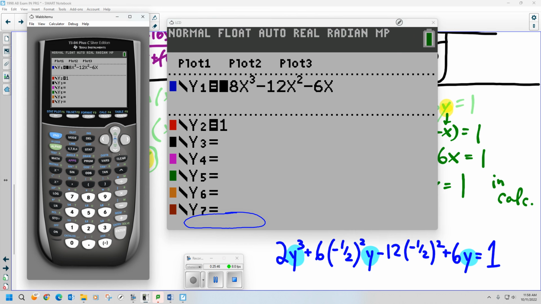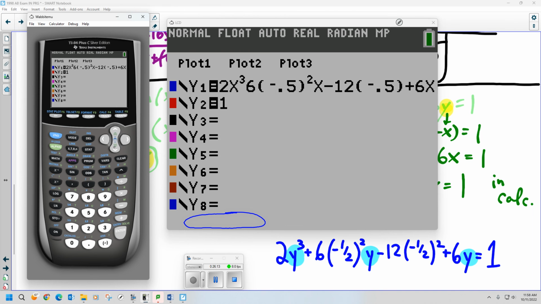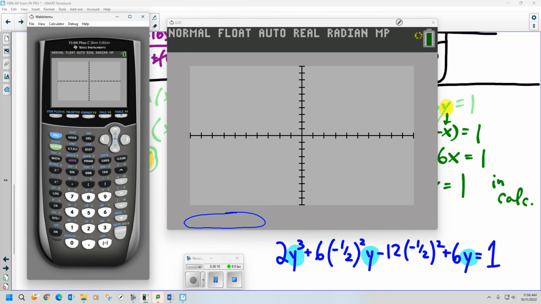Go to y equals. Clear this out. I'm going to put 2x cubed plus 6 times negative 1/2 squared times x, minus 12 times negative 0.5 squared plus 6 times x, equals 1. Let's graph that and see where those intersect. This is rigorous.